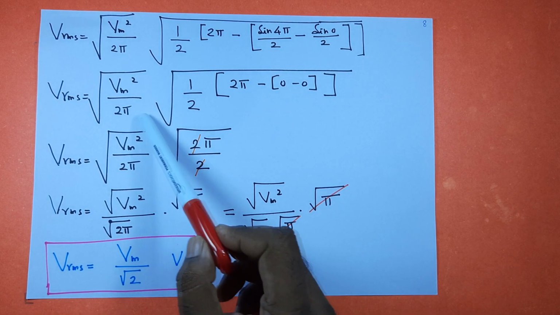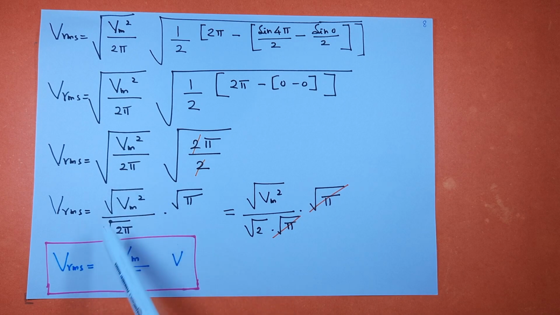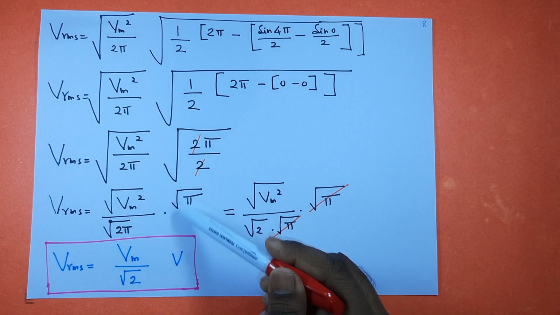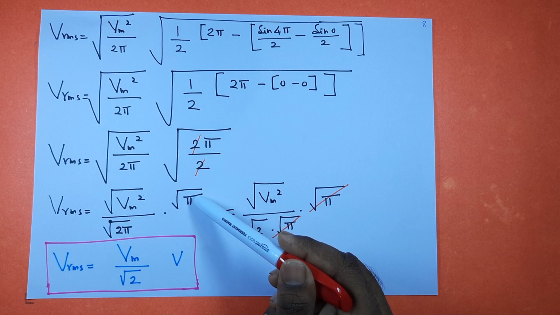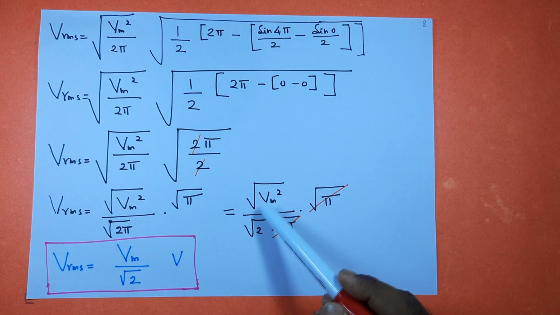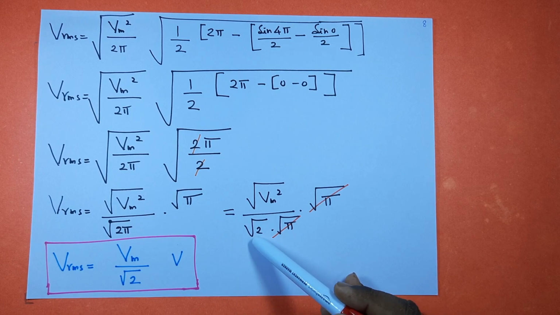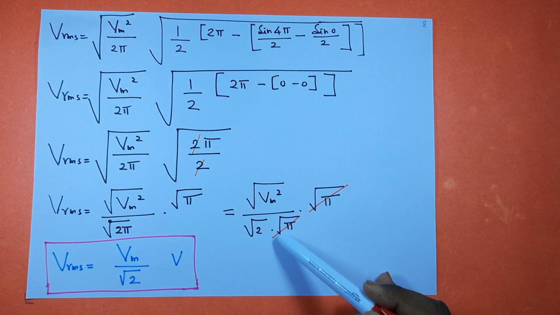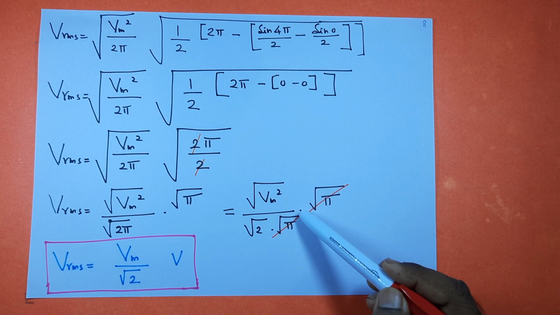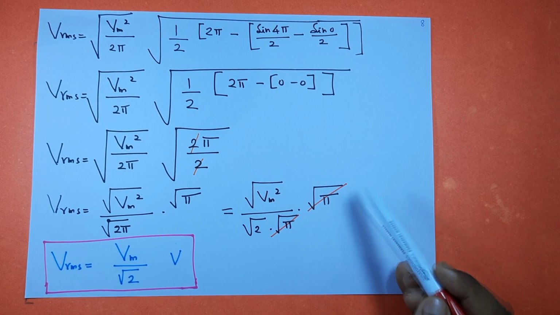Vrms equal to this, I can split into two square roots. Square root of Vm square divided by square root of 2 pi multiplied by square root of pi. So this I can write square root of Vm square, this I can split into square root of 2 multiplied by square root of pi multiplied by square root of pi.